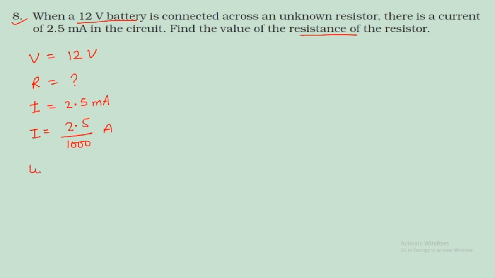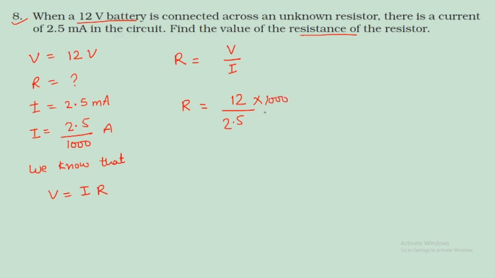So we know that V equals I into R, so R equals V upon I. R equals V, which is 12 volt, upon I, which is 2.5 upon 1000.